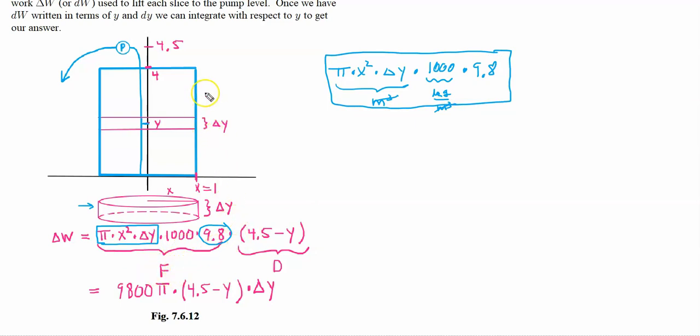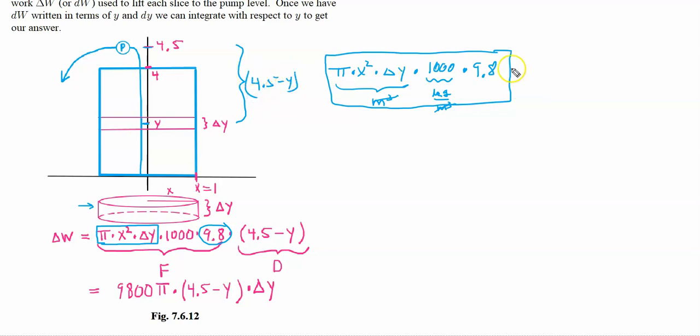Now the distance we have to lift it is this distance right here. We lift it from position y up to position 4.5, so this distance is 4.5 minus y.